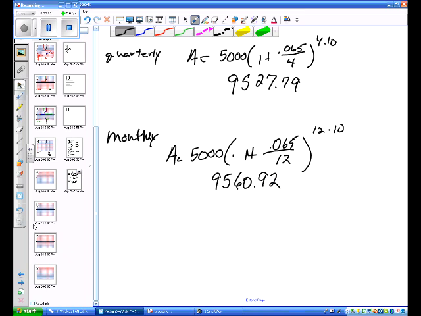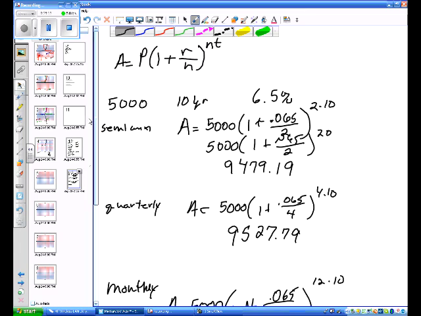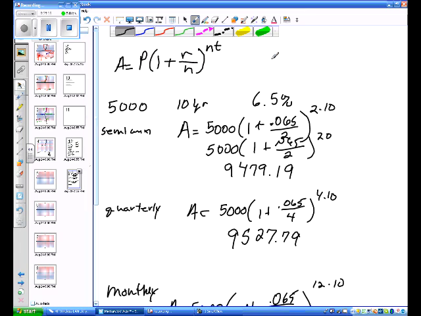Okay, the last one we want to look at is where it was compounded continuously. That means all the time. And if we go back to the very start, when we were looking at our formulas, we have another formula. It's A equals the principal times e raised to the rt.